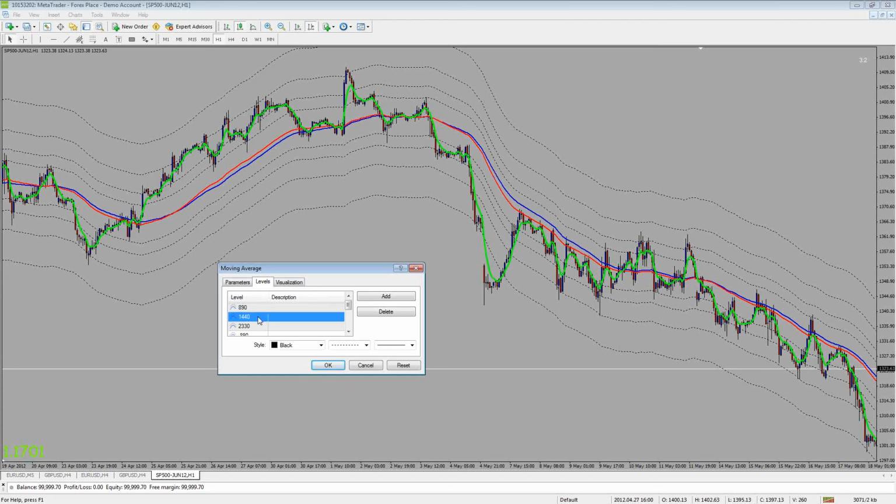But these numbers are from the Fibonacci sequence: 55, 89, 144, 233. If you remember the Fibonacci series, we have 1, 1, 2, 3, 5, 8, 13. 5 plus 8 is 13, 8 plus 13 is 21, 13 plus 21 is 34, and then 34 plus 21 is 55.